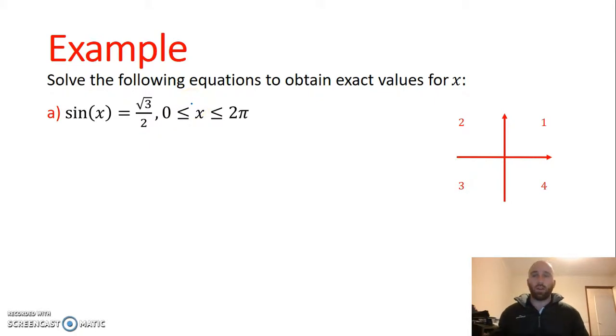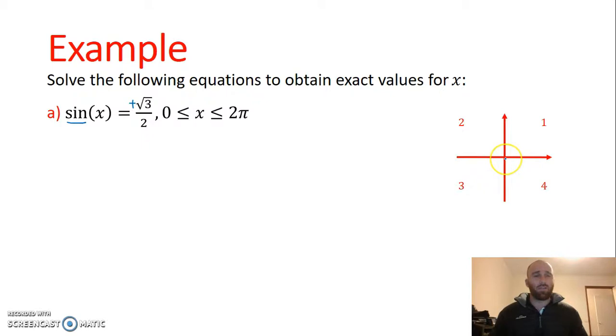So what we need to think about, first of all, is the answer before we bring sine across. Think about what answers we're trying to find. This is a positive square root 3 on 2. Because this is a sine function, we're trying to find which quadrants sine is actually positive.